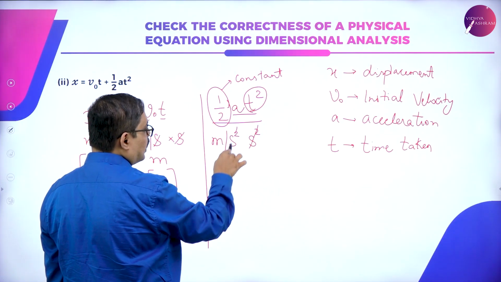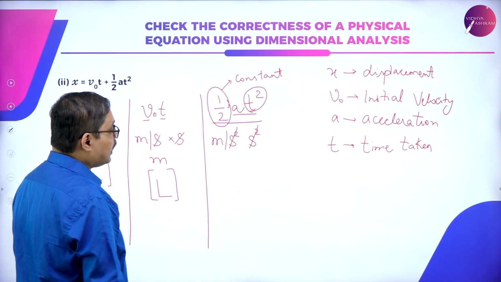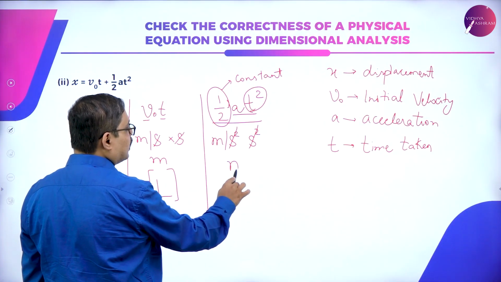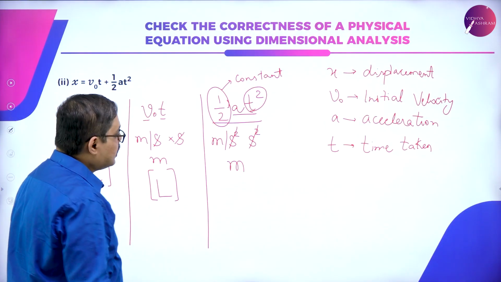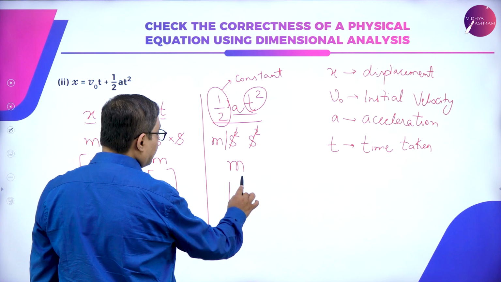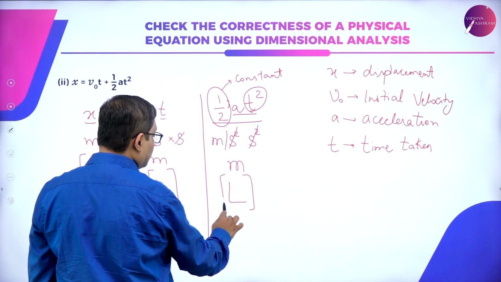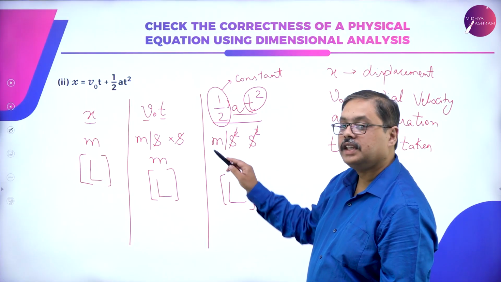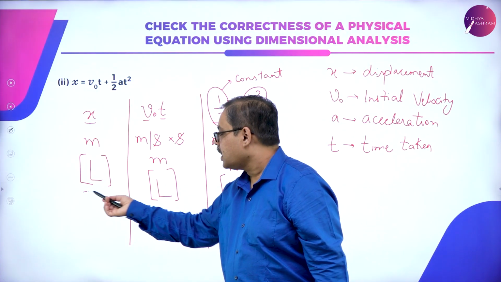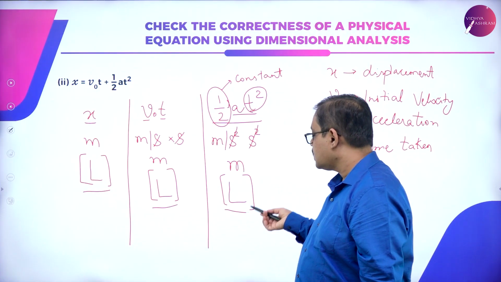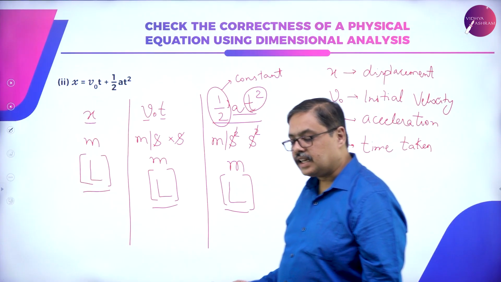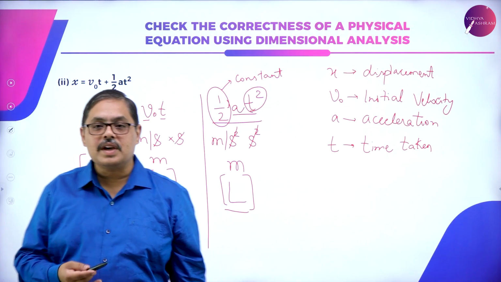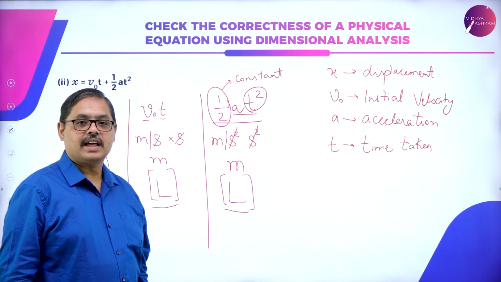The second square gets cancelled. You are left with the unit meter, whose dimension is L. You can observe that all the three terms on both the sides of the equation have the same dimension, one dimension in length. Hence, I can conclude that this equation is dimensionally correct.